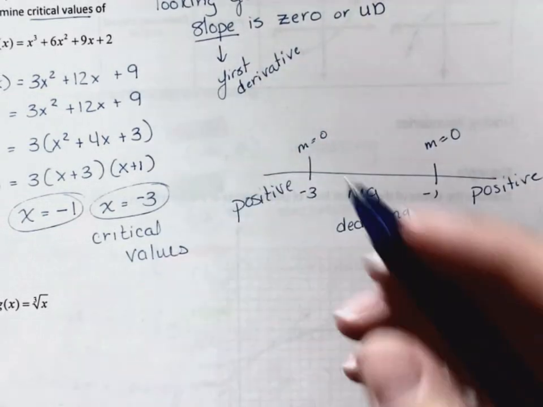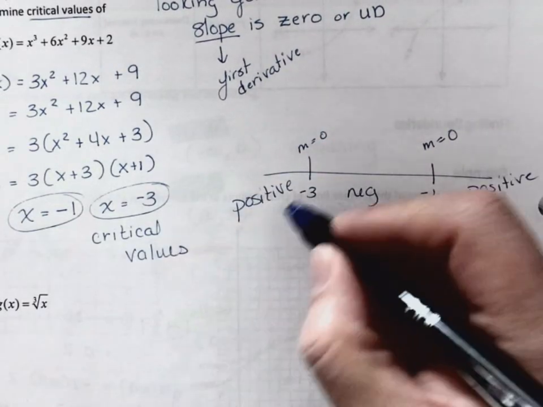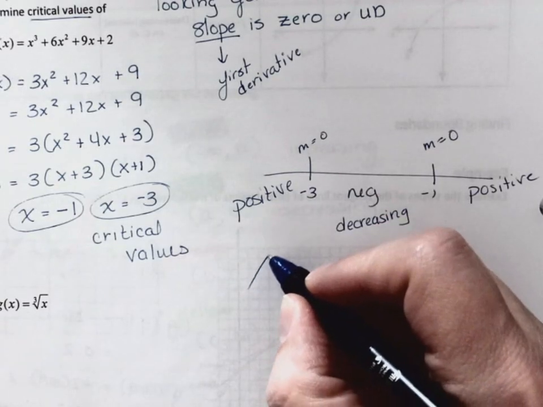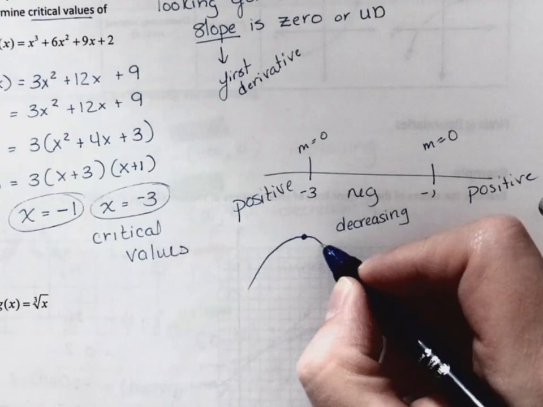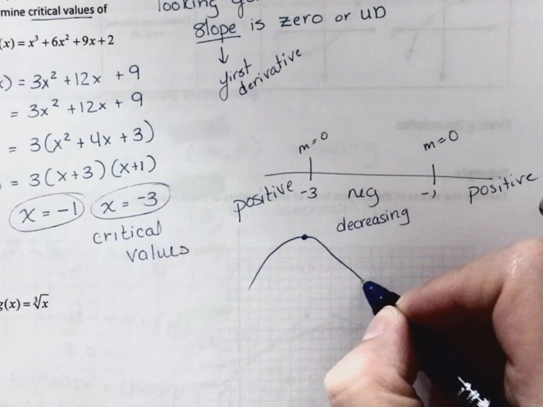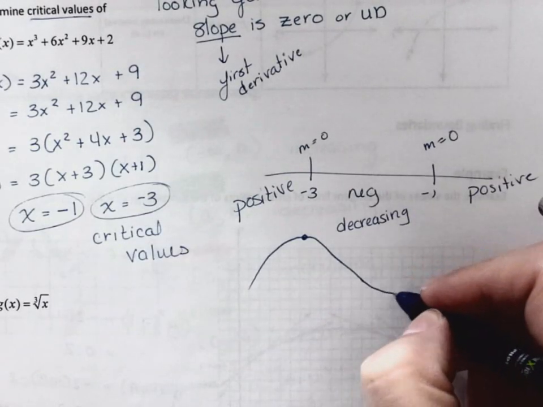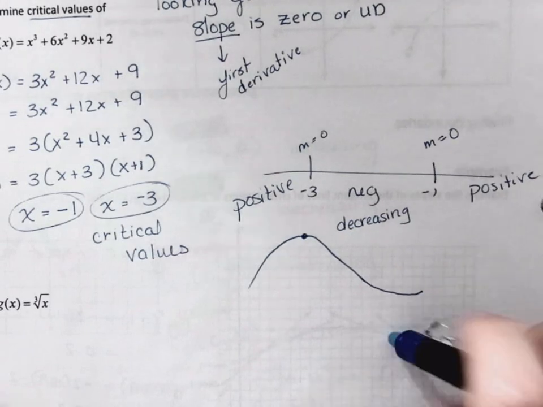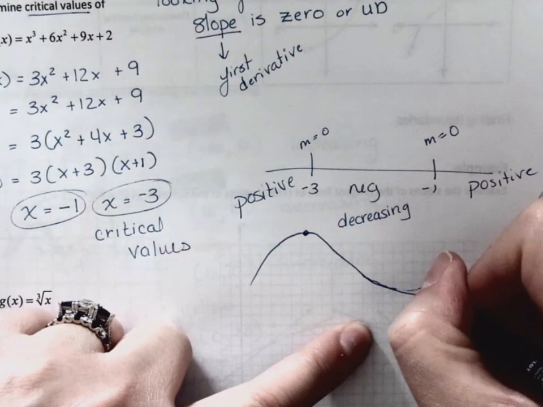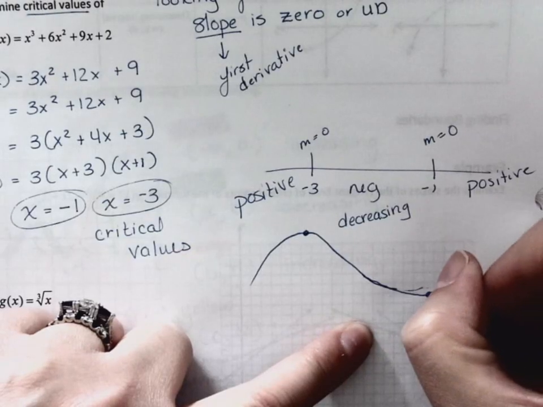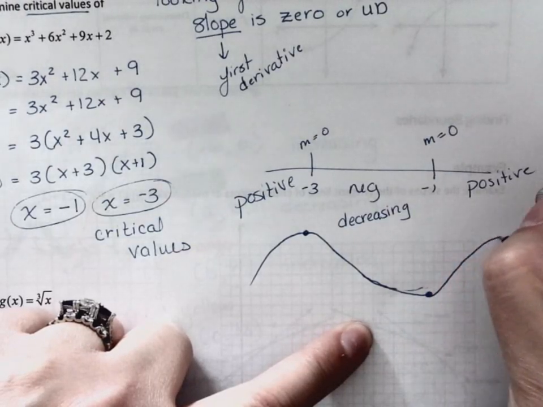So I know stuff about my graph. If this is positive up into -3, my graph's doing this. It hits -3, and then it's going to start going down till it hits -1, and then at -1 it's going to start increasing again.